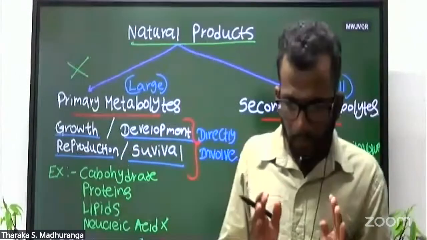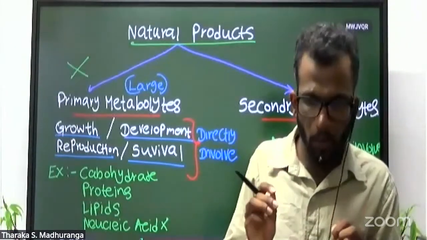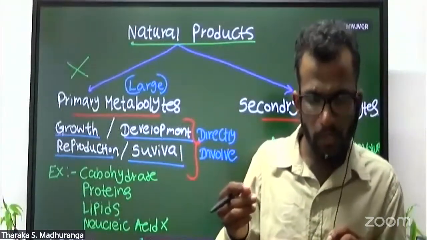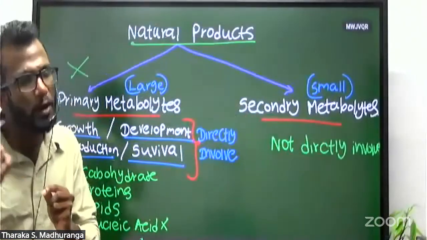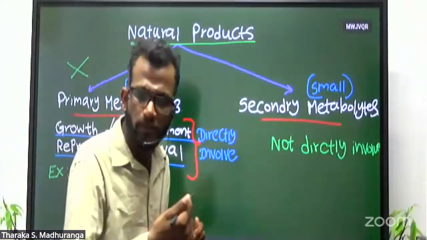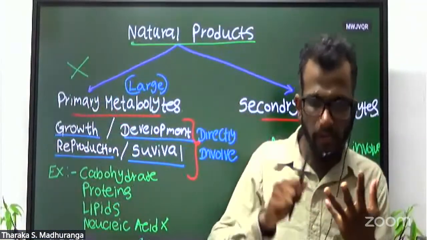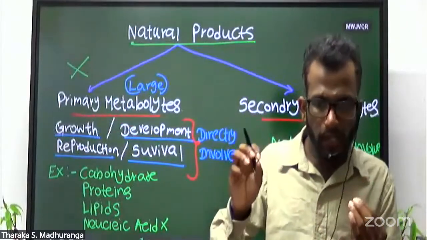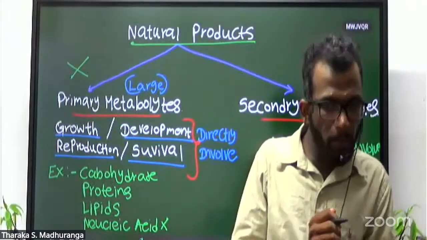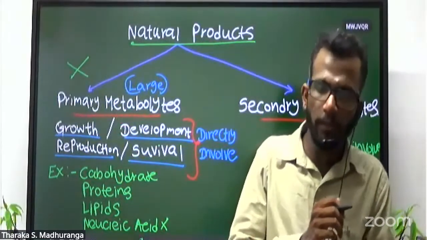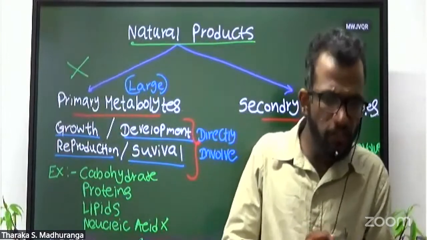Secondary metabolites mean organic compounds in the living organism that are not directly involved in the above processes. The above processes mean growth, development, reproduction, and survival. Compounds that are not directly involved we call secondary metabolites. It's very easy to remember, no?